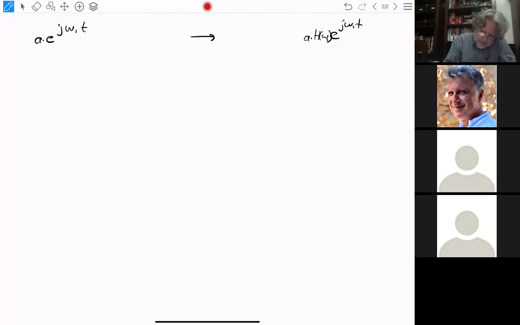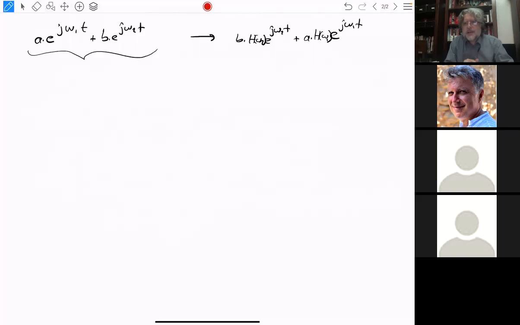How about if I say b times e to the j omega 2 t and add it to the input, then the output will be the same thing with this time omega 2, like this. Right? So what I'm doing is, at the left-hand side, if I can split my representation into complex exponentials, each of that complex exponential will have a corresponding response. Okay. So what is a way to split the input into complex exponentials?